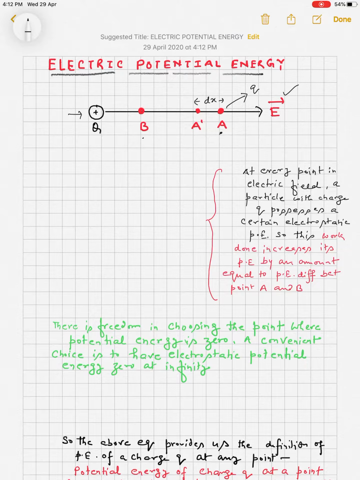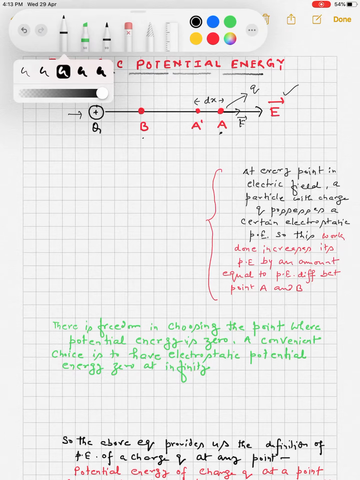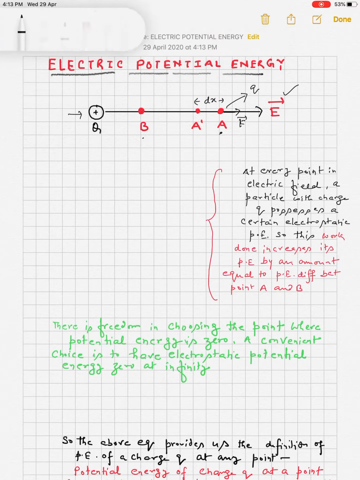So this charge experiences a force. It is a positive charge, so it experiences a force F in the direction of the electric field. To move this charge from A to B, some external force is required.